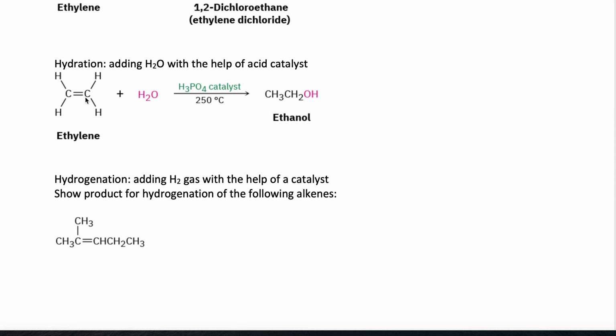Okay, so let's say you put a hydrogen on the left side, that makes it a CH3, and you put OH on the right side, that makes it OH. So basically you turn a double bond into an alcohol. That's an alkene, and that's an alcohol. And adding water needs a catalyst, either H3PO4 or H2SO4, anything that has acidic hydrogens.